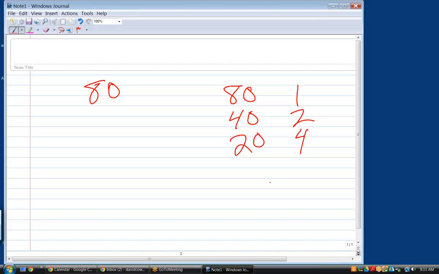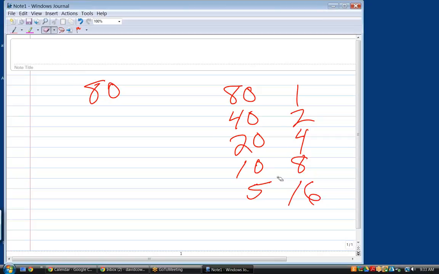And then 10 and 8. And then 5 and 20. No. Okay, notice what we're doing. We're cutting the left column in half and we're doubling the right column. 16. There you go. And I think that's all of them.